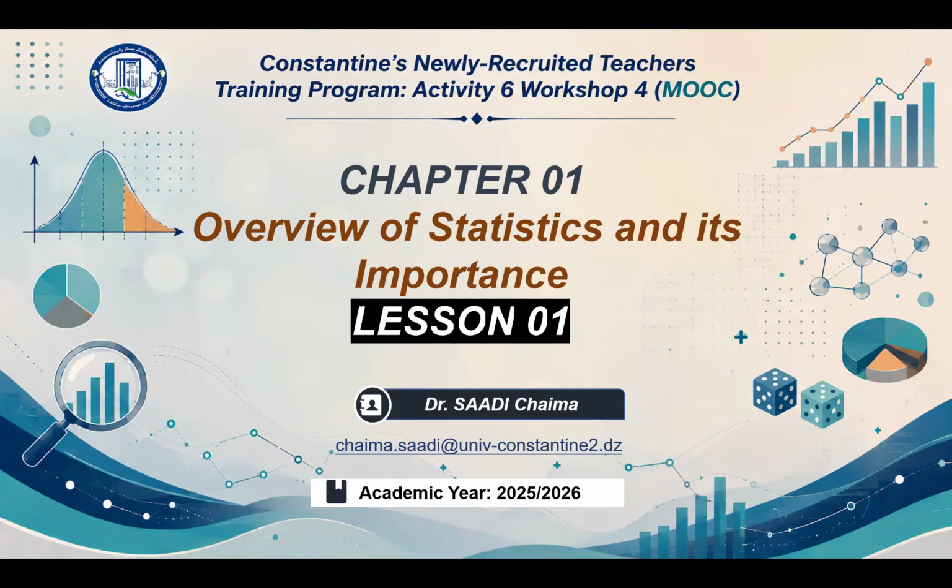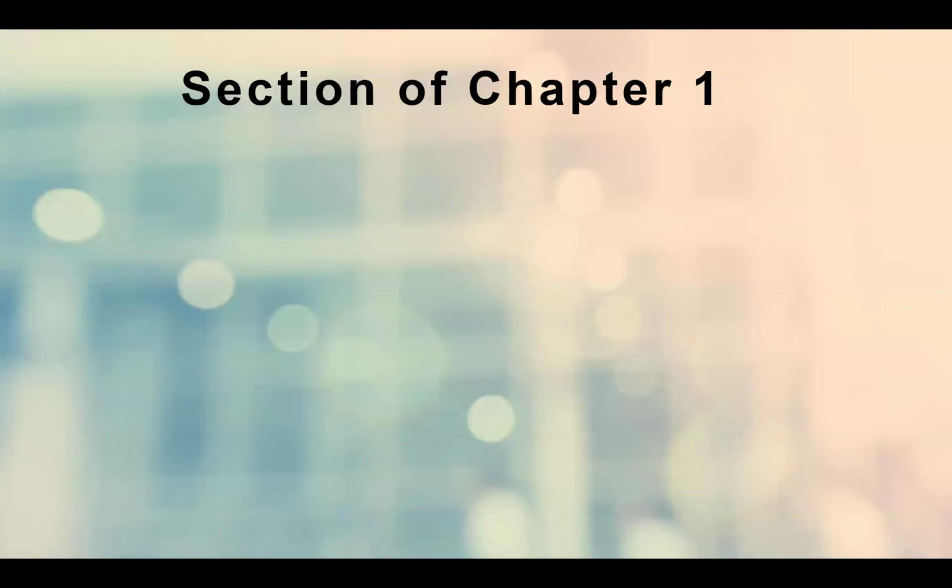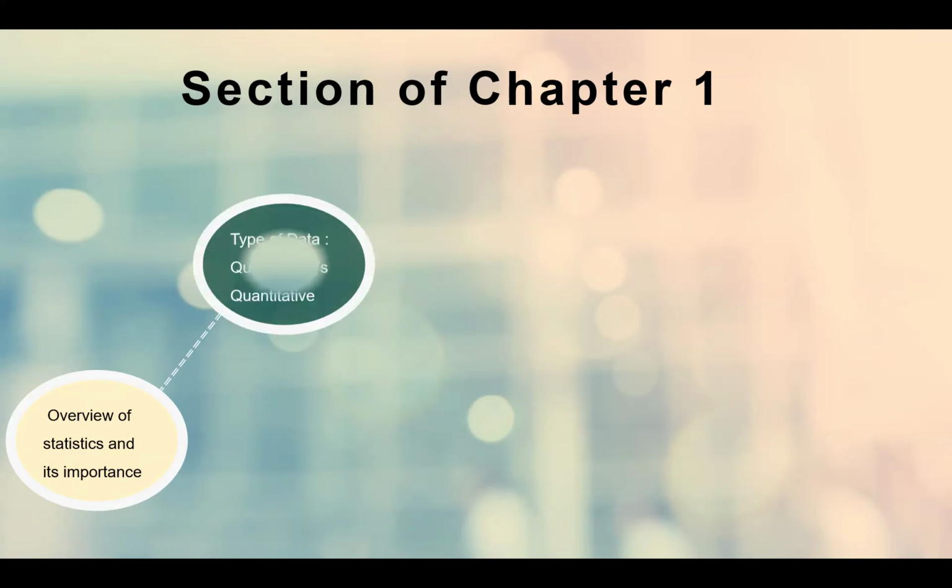Let's begin by taking a quick look at the content of this chapter. This chapter is organized into five sections. First, we will introduce statistics and explain its importance. Then, we will distinguish between qualitative and quantitative data.